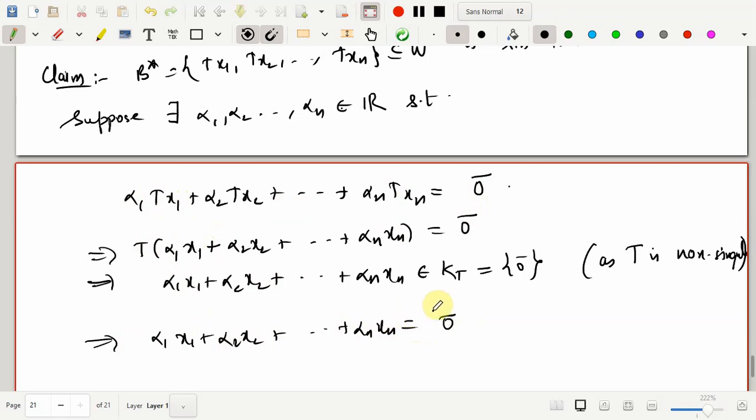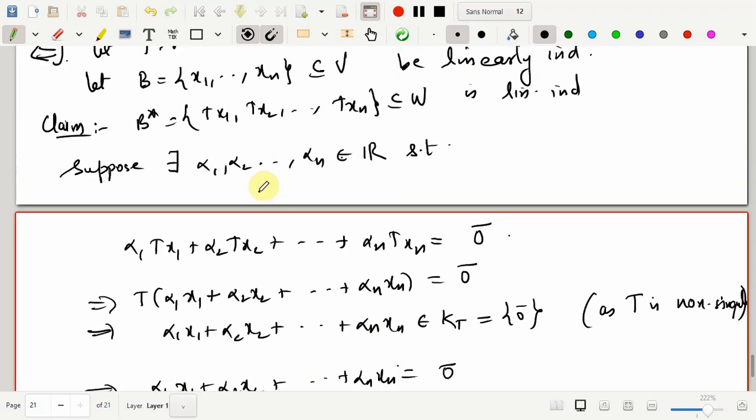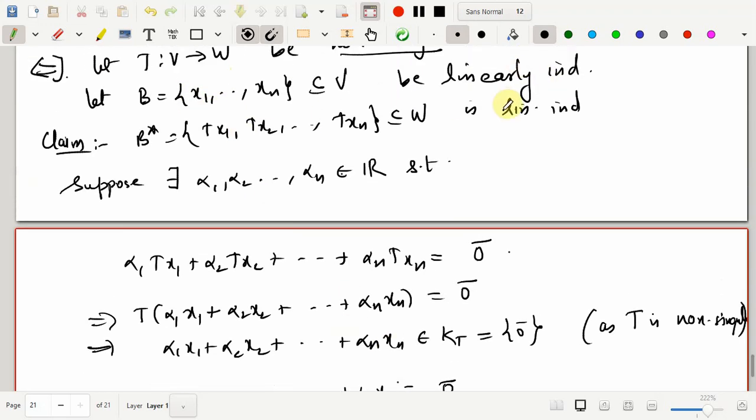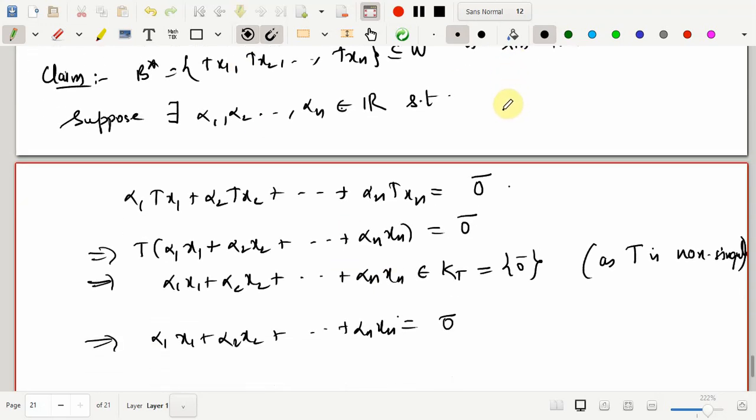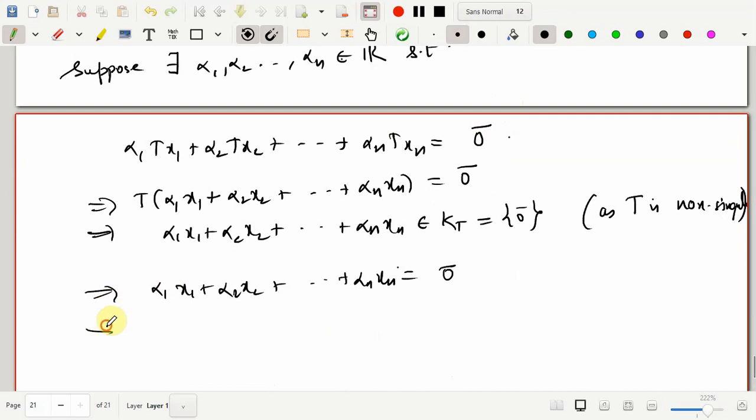But this is a linear combination of the vectors of B, right? Because you have x1, x2 till xn, and B is a linearly independent set. So this would imply that since B is linearly independent, alpha 1, alpha 2, the corresponding scalars, are all 0. This is what we wanted to show, that Tx1, Tx2 till Txn is linearly independent.